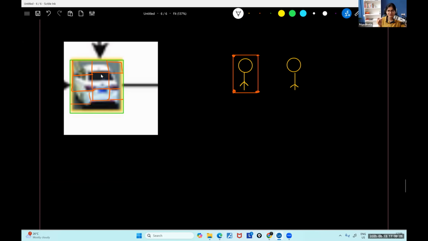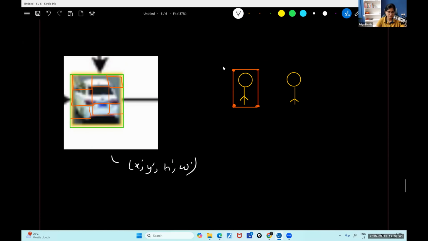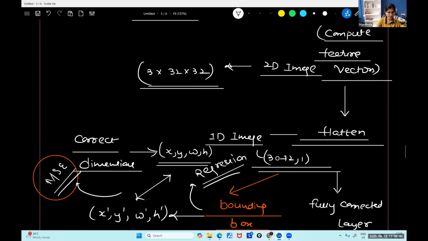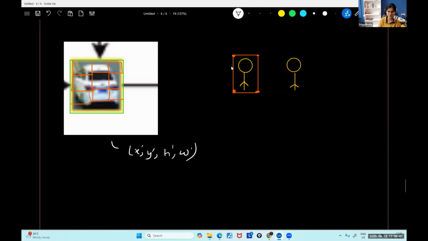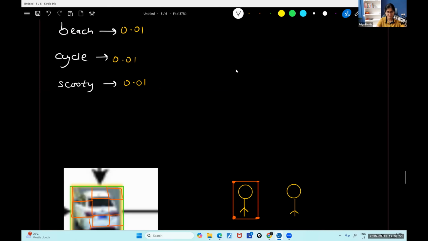And for every image, we will have the dimensions X, Y, where that image is located on the X axis and Y axis, and its height and width. So you will get H dash and W dash as well, or vice versa, W dash and H dash, which I have written above. So you will get all of these four values.